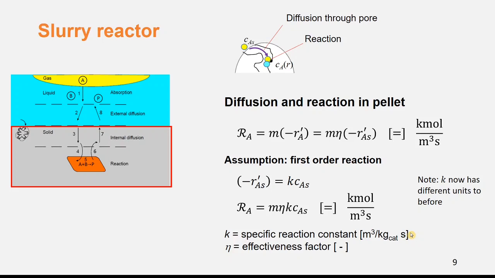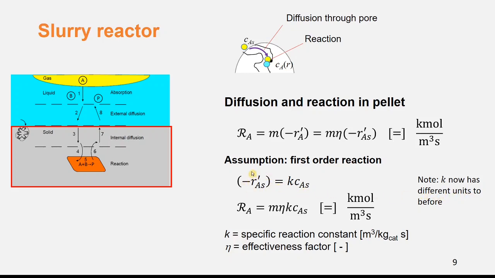Then to get RA prime, the per kilogram basis, we multiply RA double prime, the per surface area basis, by SA, the specific surface area of the catalyst, with the units of meter squared per kilogram of catalyst. So this K is just the old K multiplied by SA. This is to simplify the notation, but please do remember that the rate constant K has different units in this lecture for slurry reactors.